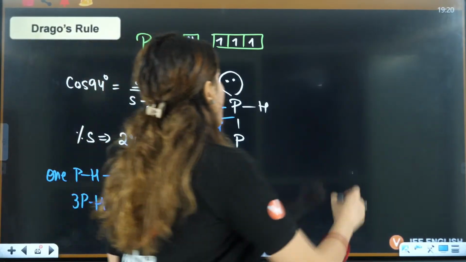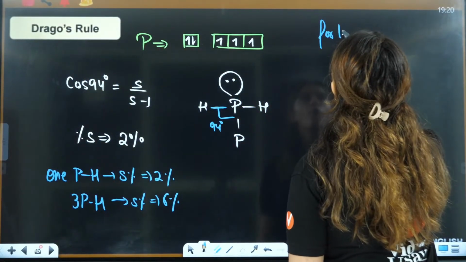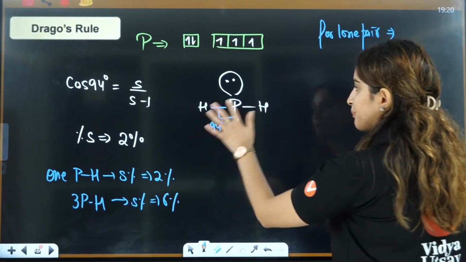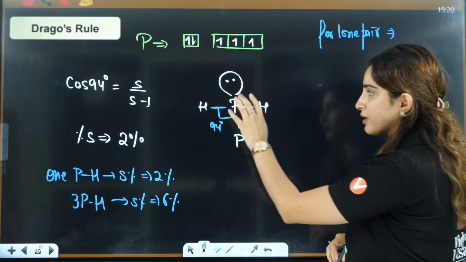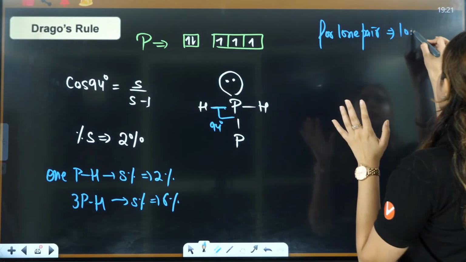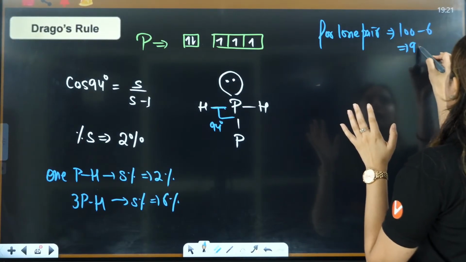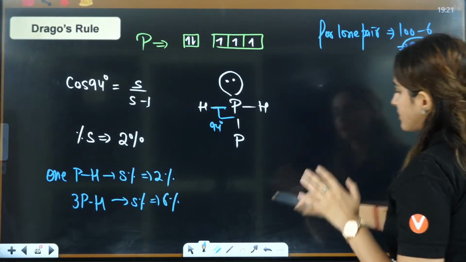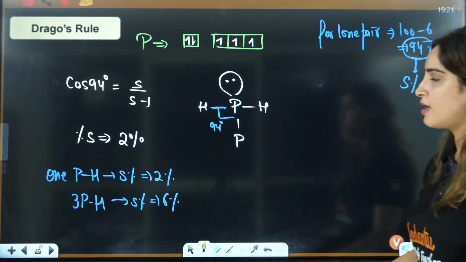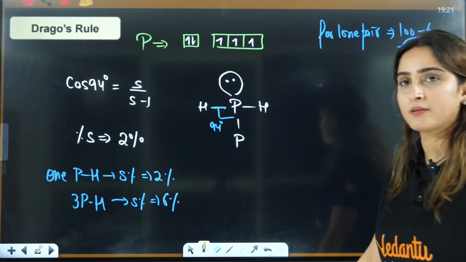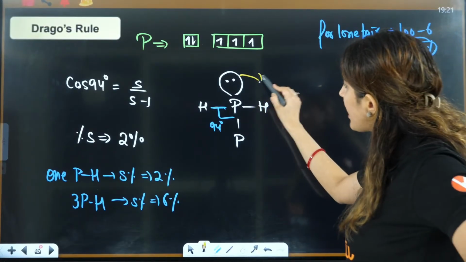In this molecule you have P–H bonds and a lone pair. The P–H bonds are 2%, 2%, 2%, and the rest, 100 minus 6, that is 94%, will be the percentage s character of the lone pair.